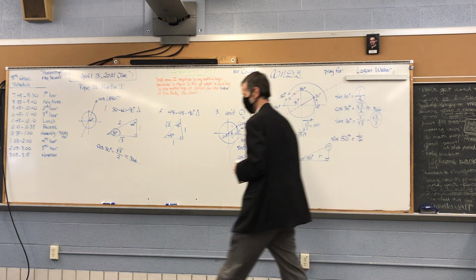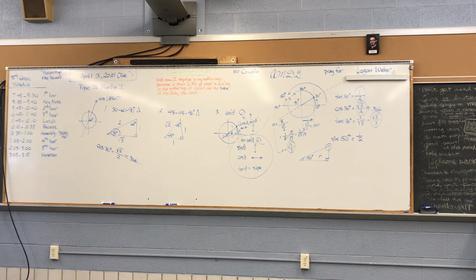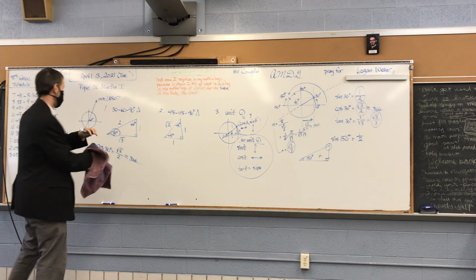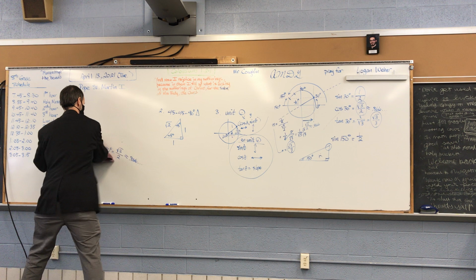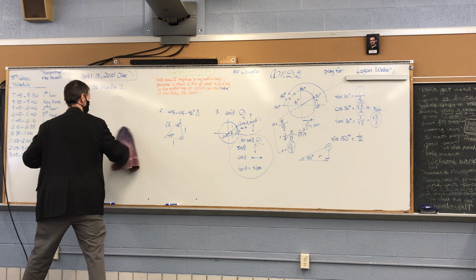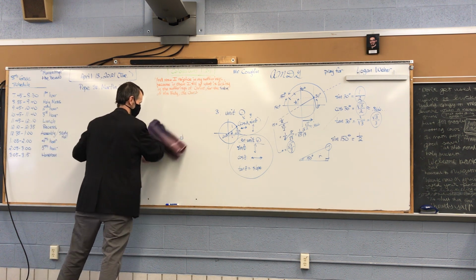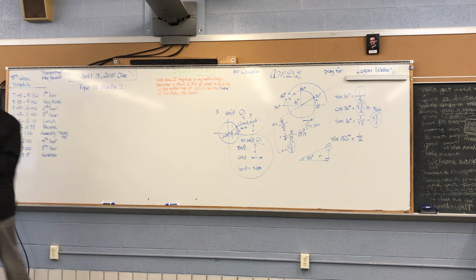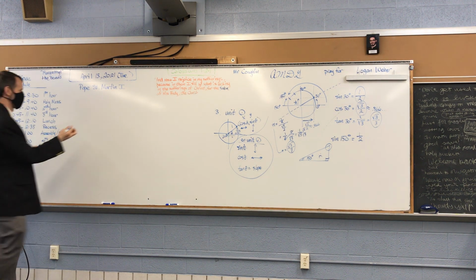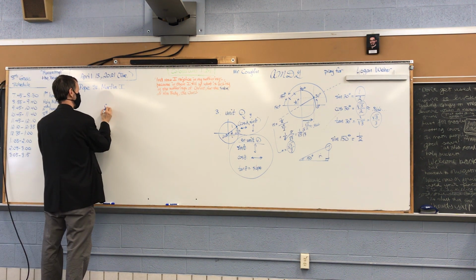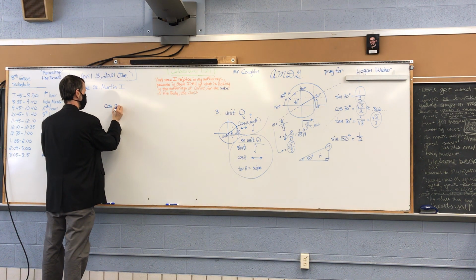Good question. Let's try 240. I'll assume at this point you're relatively comfy with the 30, 60, 90 and 45, 45, 90 triangles. 240 degrees. I want to ask for the cosine of 240 degrees.